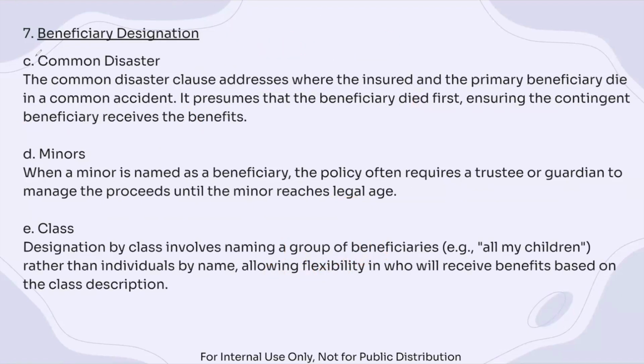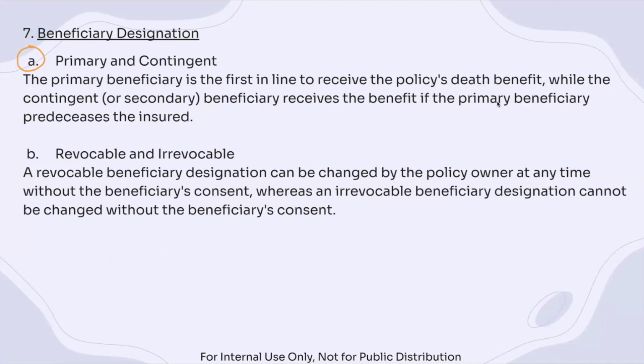We also can look at the common disaster provision. This is where the insured and primary beneficiary die in a common accident. If this happens, it presumes that the beneficiary died first, ensuring that the contingent beneficiary receives the benefits. One condition we've just talked about is that the contingent beneficiary can only receive benefits if the primary beneficiary predeceases the insured.